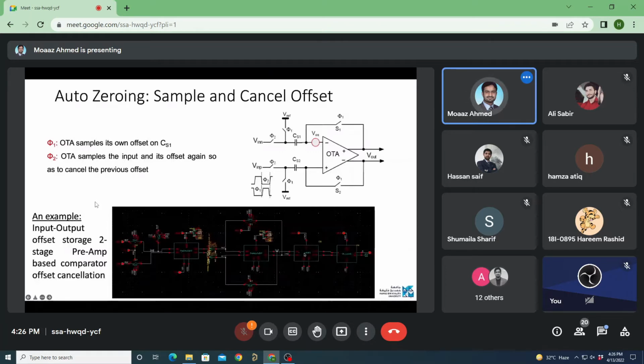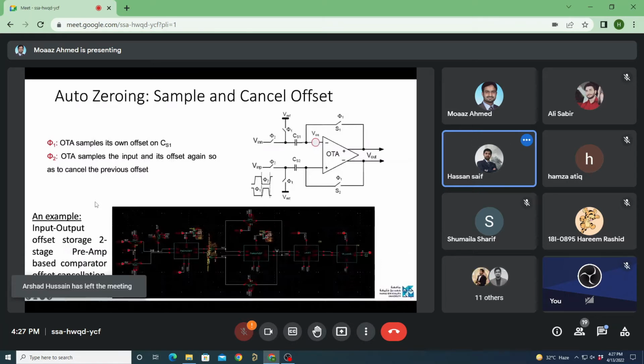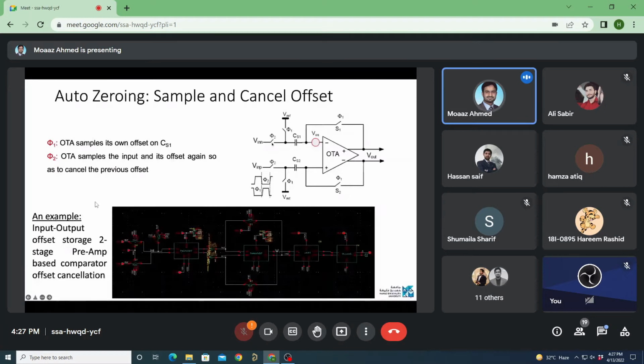Can you see the pointer? Pointer is not visible, the arrow of the mouse. Might be when you are pointing at the simulation, the black background makes it not visible. Is that visible now? I cannot see it, sorry. Let me see.